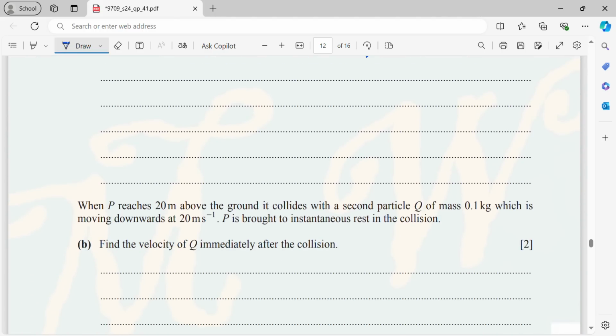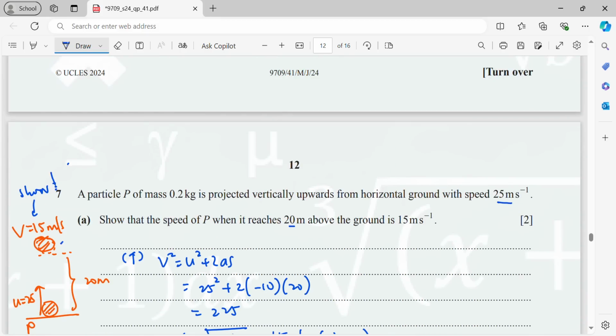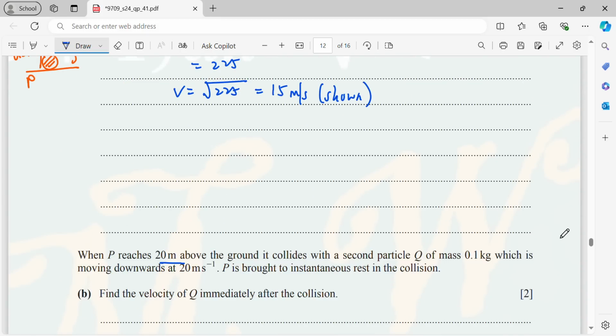Now, when P reaches 20 meters above the ground, okay, that means it's here already. It collides with a second particle Q of mass 0.1 kilogram, which is moving downwards at 20 meters per second. P is brought to instantaneous rest in the collision. Now B, find the velocity of Q immediately after the collision.